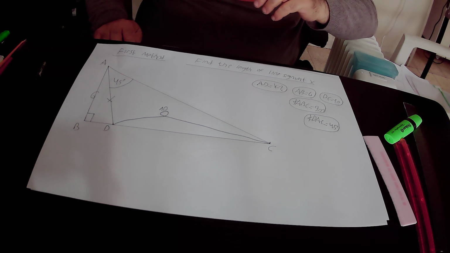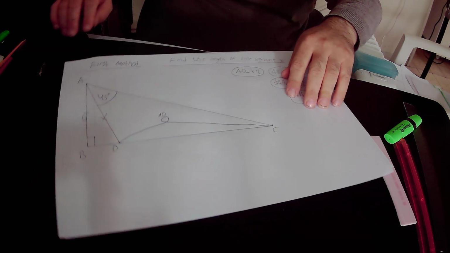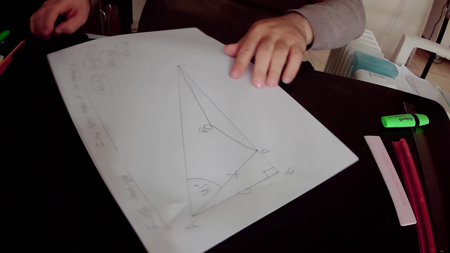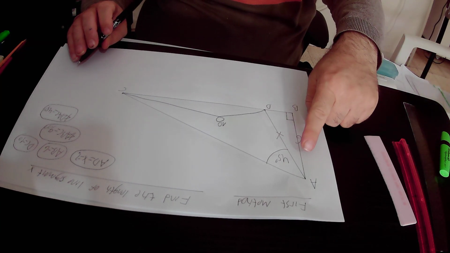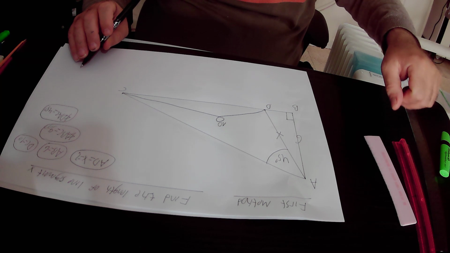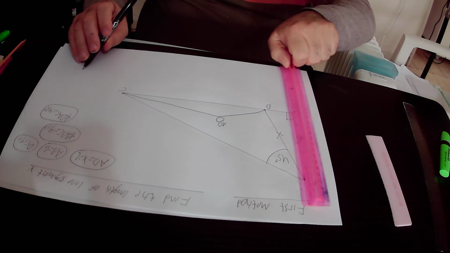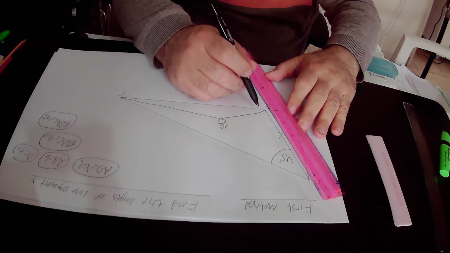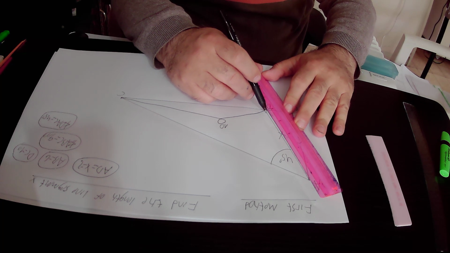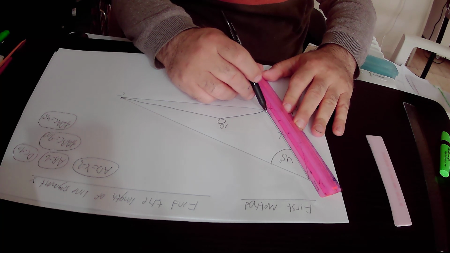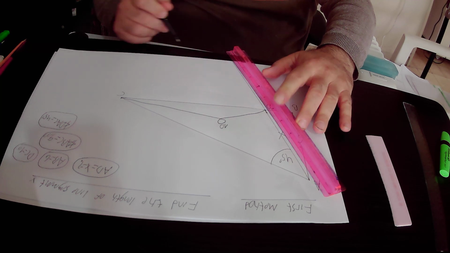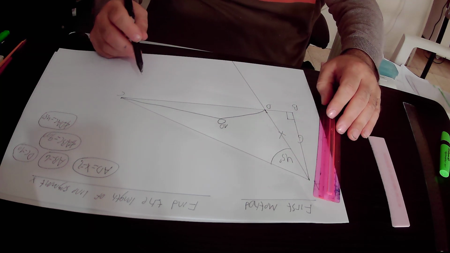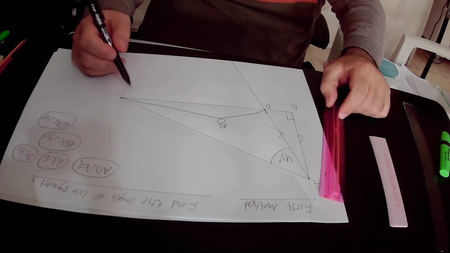So we'll start with the first method, and here we'll make a construction. We will extend line segment AD by a straight line, and from point C we will draw a perpendicular to the extended AD.